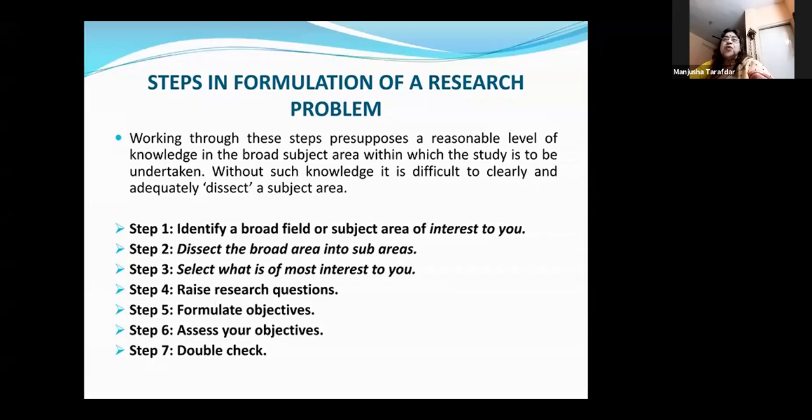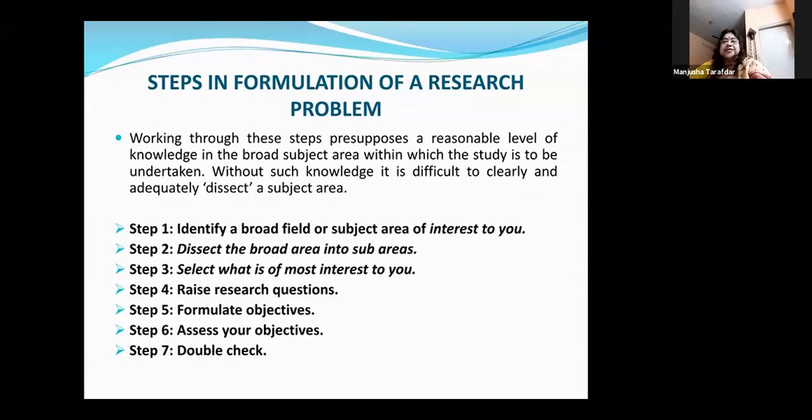Dissect means you have to go deep into that matter, dig deep, and then try to find out or collect information about it. So you have to dissect the subject area.